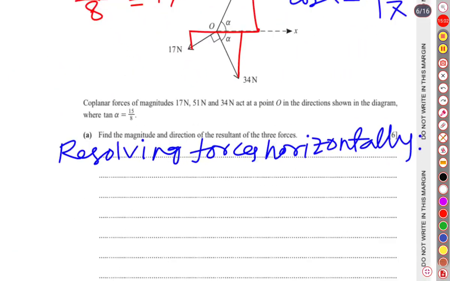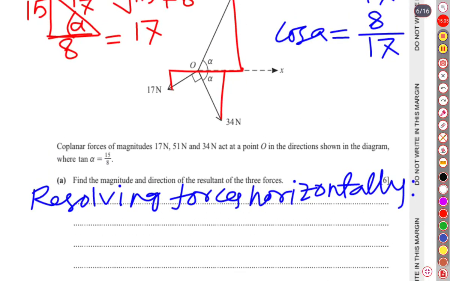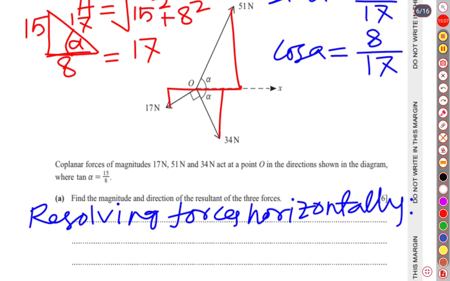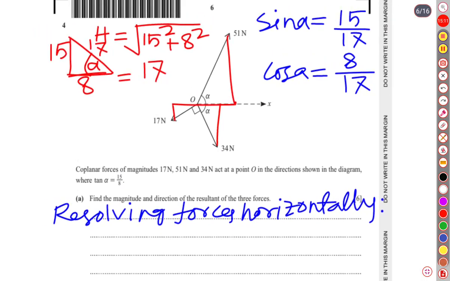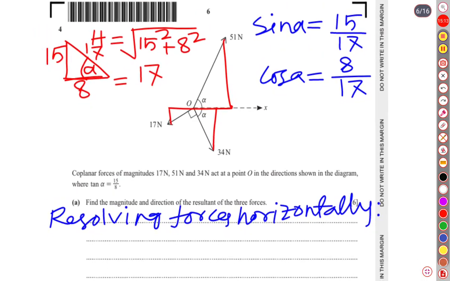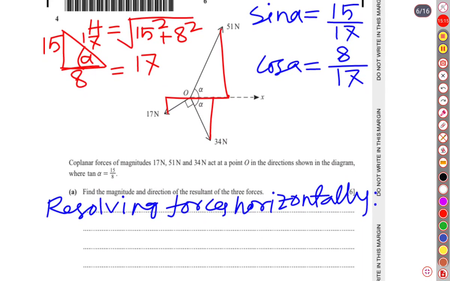How will we write? We will write first. Yes, this can be shown. Let me show a little more. Well, so horizontal direction can be shown here. So x is equal to resultant force in x direction.